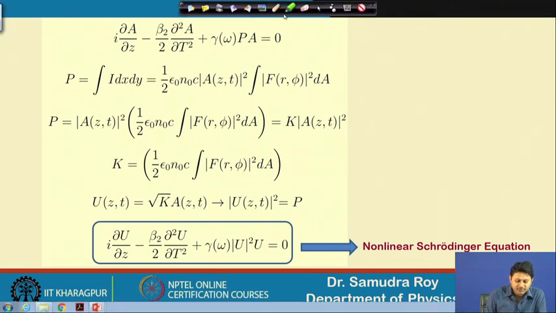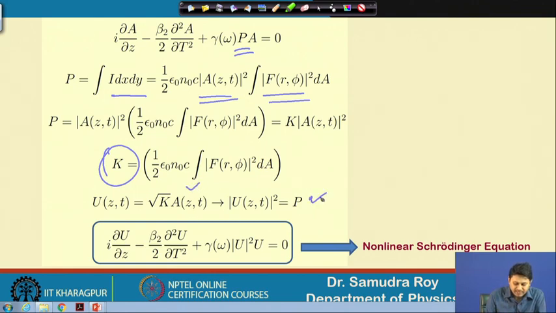We have this P, which I can write as an integration of dx dy, and again I write it in terms of mod of A squared, because intensity can be represented by the field squared term. So, field squared is A squared and also this f, and if I write this entire stuff as a constant k, then my rescaling is this.